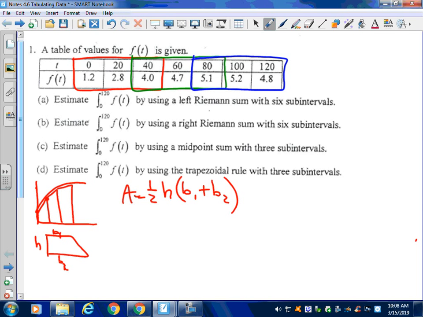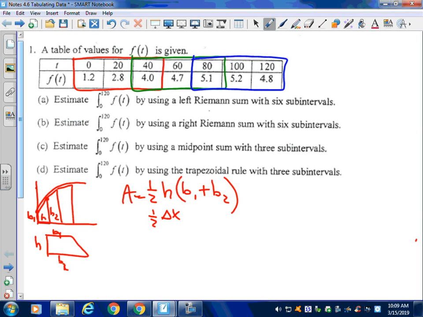But when I turn it, my height is on the bottom, and that's delta x. Would that be like 20? Well, no, because we're going with 3 subintervals again. So that's delta x. Then B1 and B2 are the two sides here, how long those segments are.